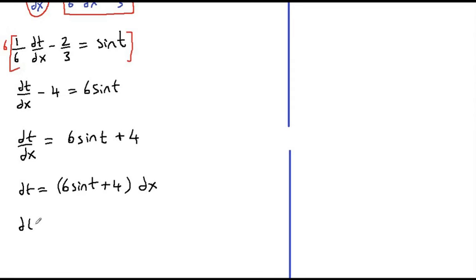So you get dt over 6 sine t plus 4 is equal to dx. Now this is totally isolated and ready to integrate. So let's integrate left hand side and right hand side.